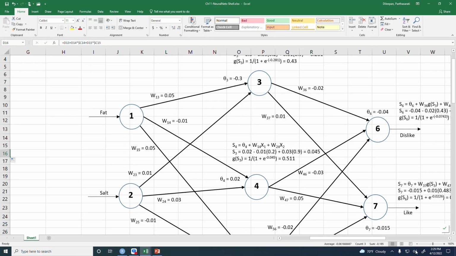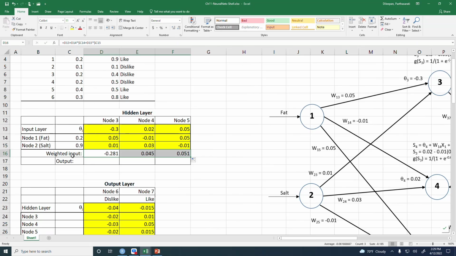We can take this input and use some other way of determining the output. So what we're going to do is 1 over 1 plus e to the power of minus, okay, we did e to the power of minus L, right? So this is like an L here, the S sub 3 and S sub 4 and S sub 5. So this should be S sub 4 here, I have a typo there.